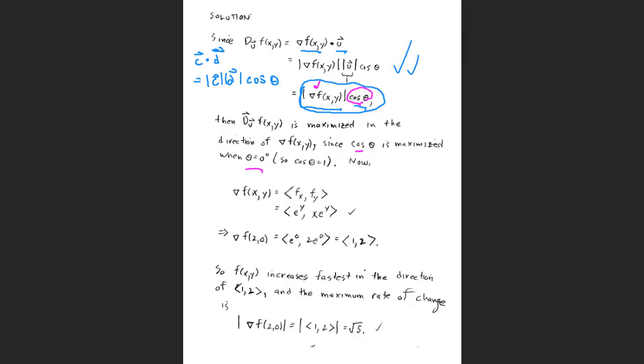So the directional derivative is maximized in the direction of the gradient vector, because the biggest value cosine of theta can take is 1. So if you want to find the direction in which the function has the maximum rate of change at a point, compute the gradient vector. It's a very special vector.